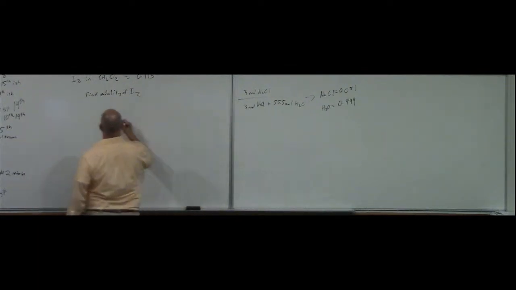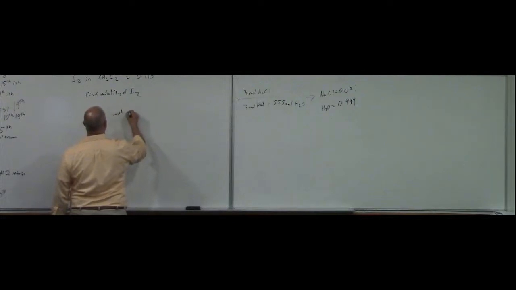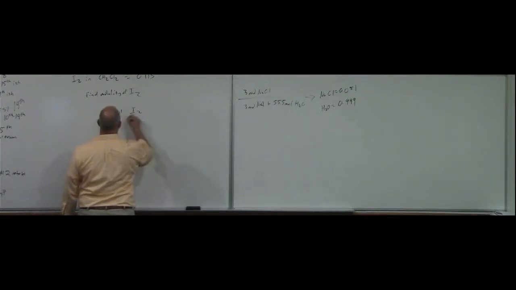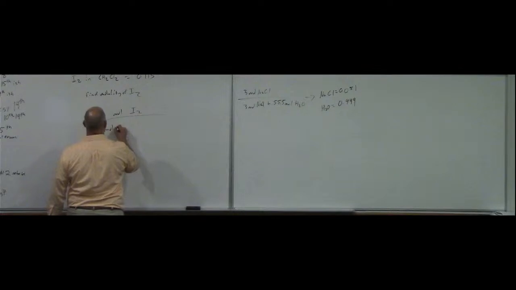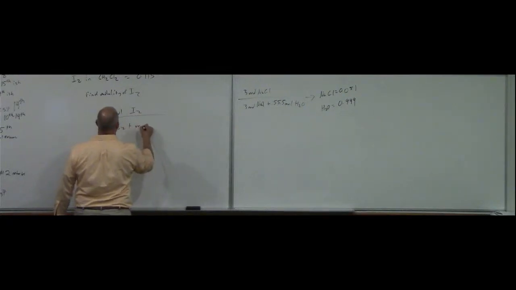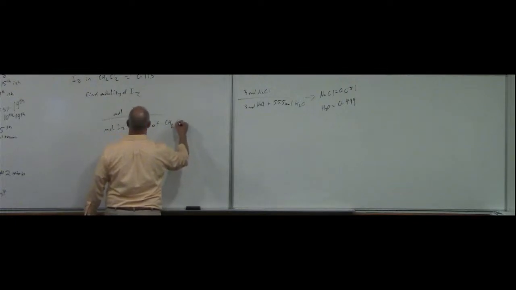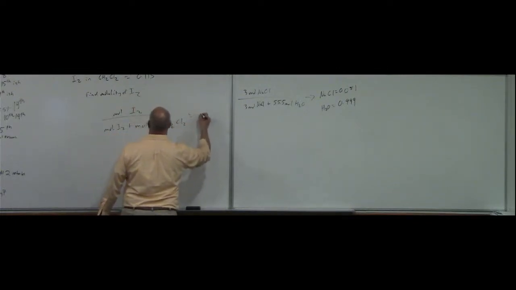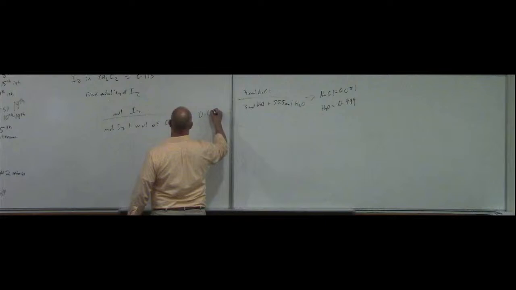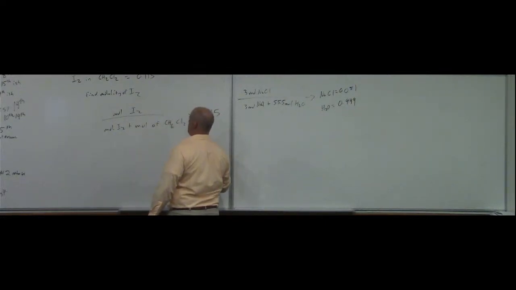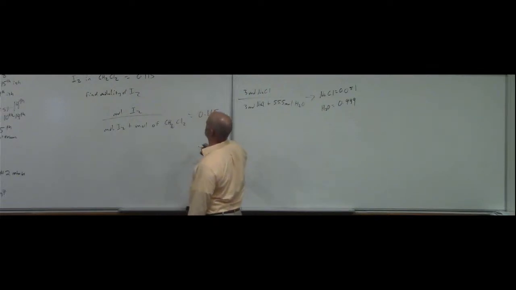So I know that moles of I2 over moles of I2 plus moles of CH2Cl2 equals 0.115, right? Is that right?